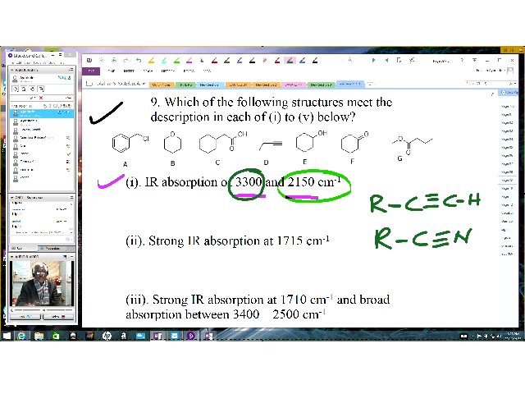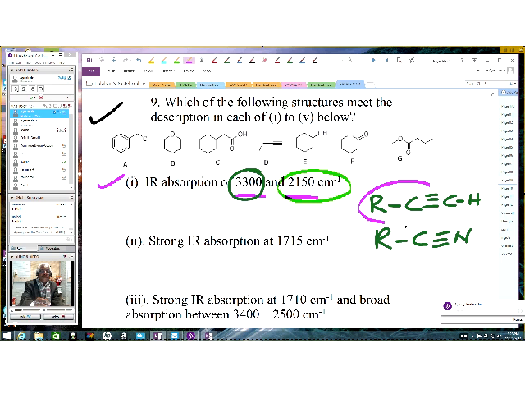Generally when you have an absorption at 2150, which is due to a triple bond, and then you have absorption at 3300, what that tells you is that you have a terminal alkyne. Because this 3300 here, that is the carbon hydrogen frequency. So therefore, that tells you you have a terminal alkyne.